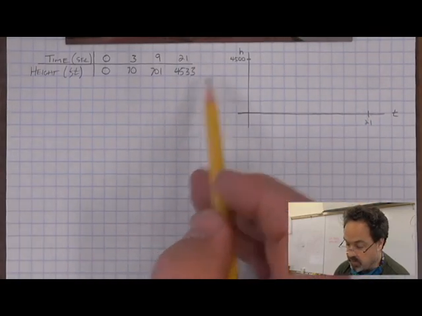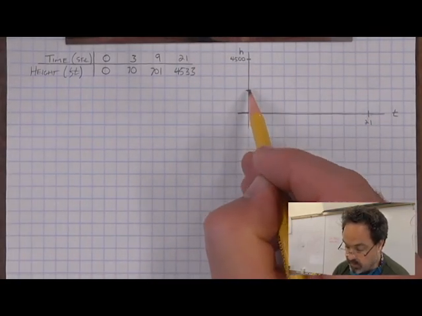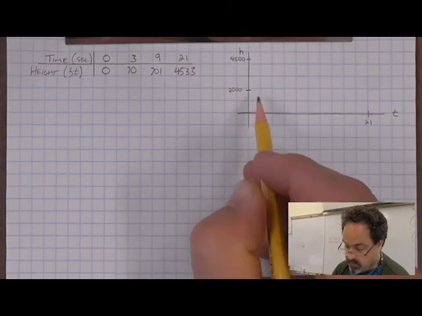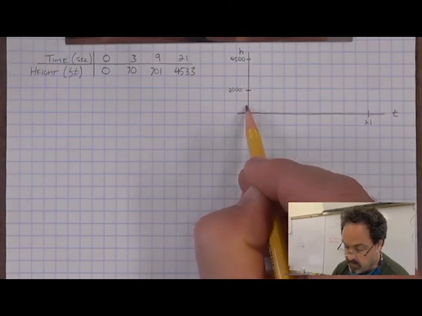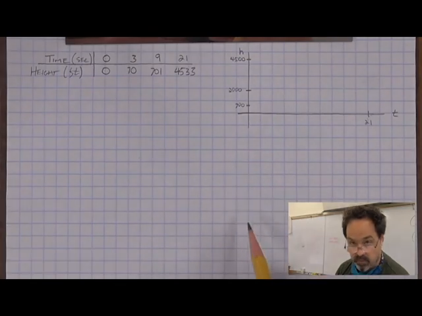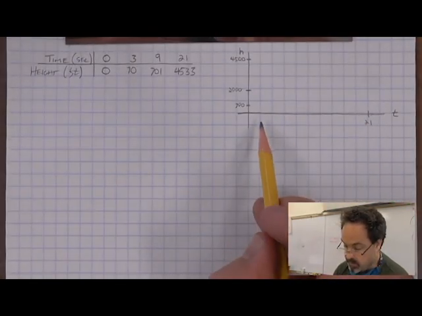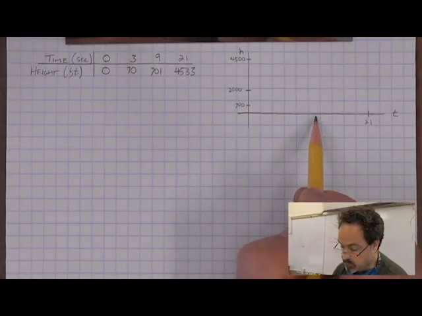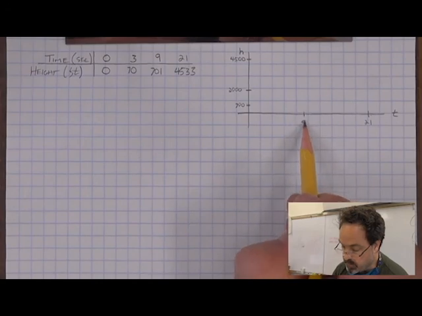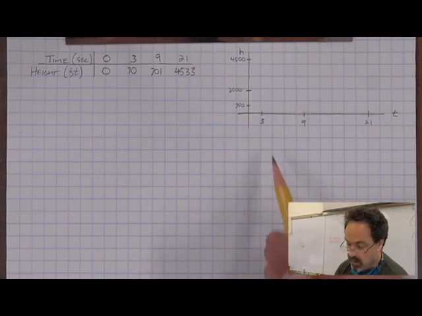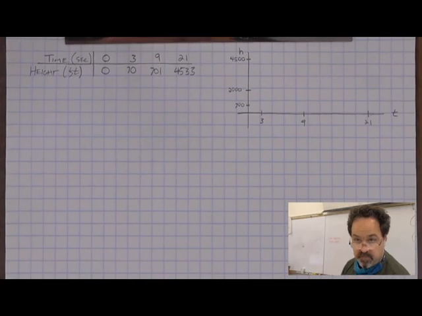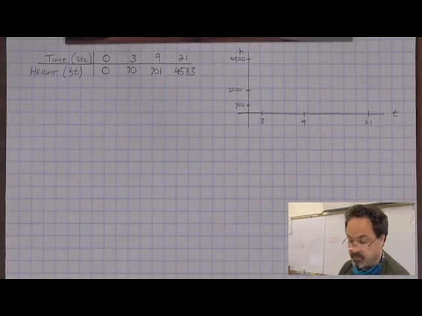So if I've got 4,000 here, I'm going to approximate this tick mark to be 2,000, which makes 700 around there. And time, I'm estimating this is about 10, so I'm going to put 9 and 3. So it's a sketch. It's not precise, but it'll give us a visualization.